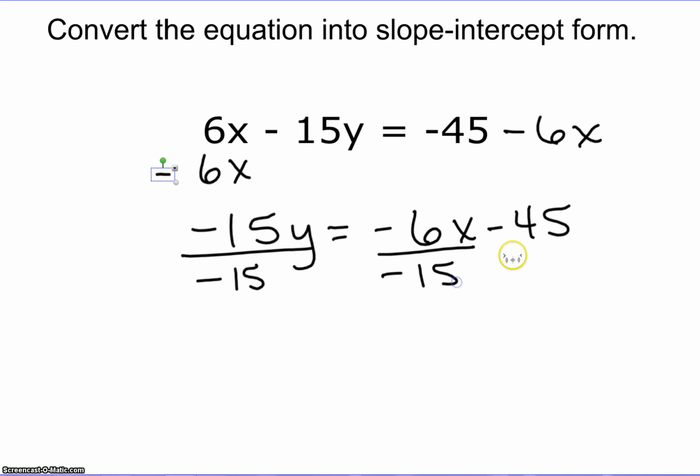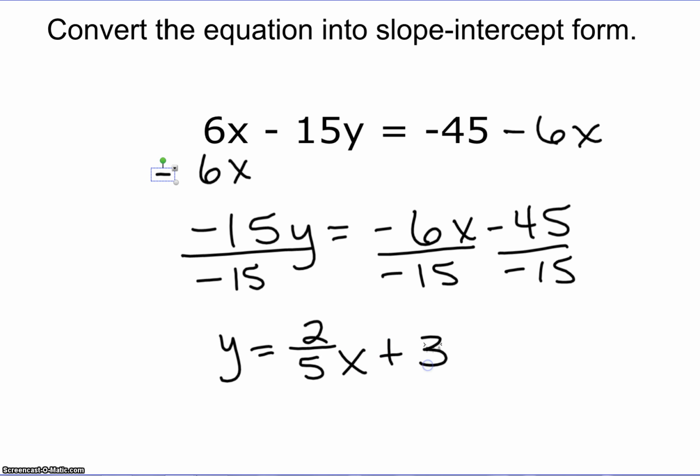And notice that I'm dividing everything by it, okay? So y equals, it's going to be a positive, but what number can go into 6 and 15? The answer is 3. So you're going to have 2 fifths x and then plus 3, because 45 divided by 15 is 3.